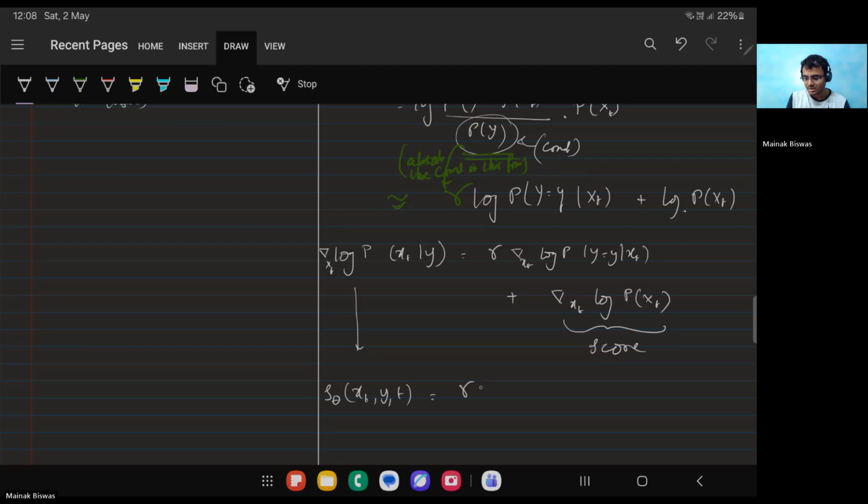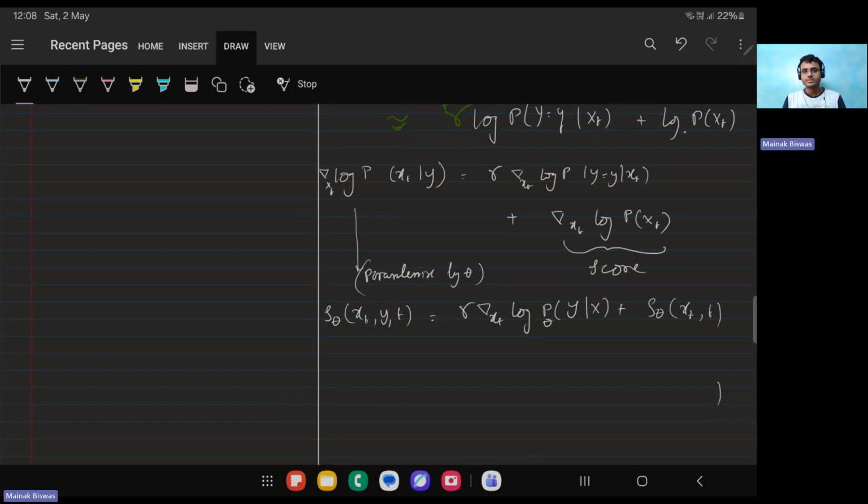the gradient of xt log of p theta. So let us parameterize by theta now. By theta, you get y given x plus the unconditional score.